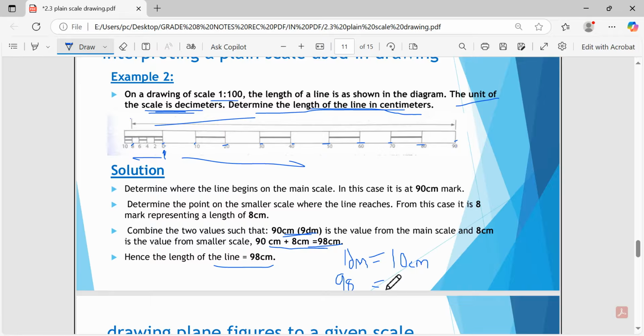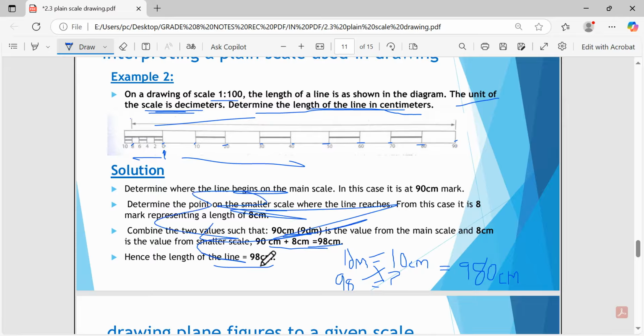How many centimeters will those be? It will just be 98 multiplied by 10, which is 980 centimeters.